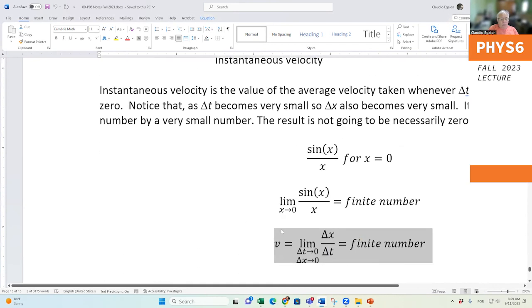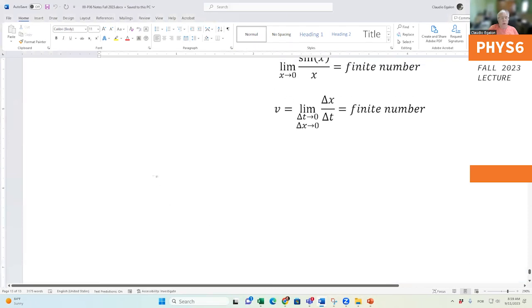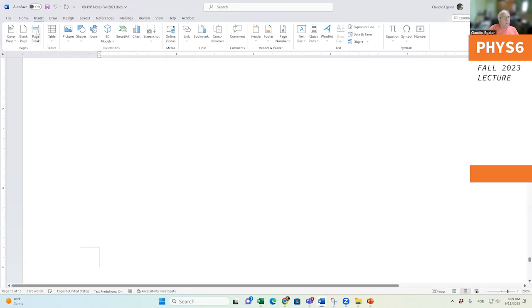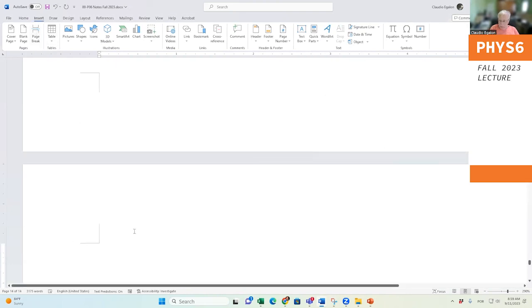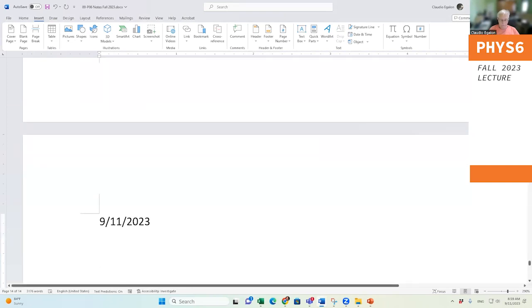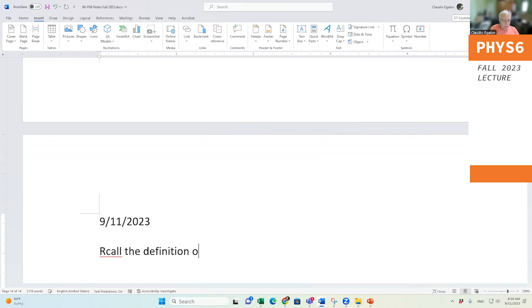So let me just spell that out for you. Today is September 11, 2023. We call this the definition of instantaneous velocity.